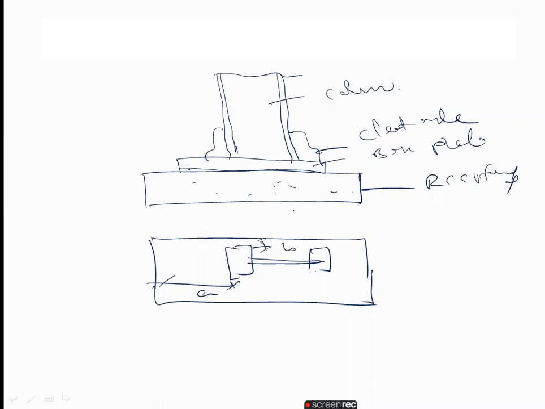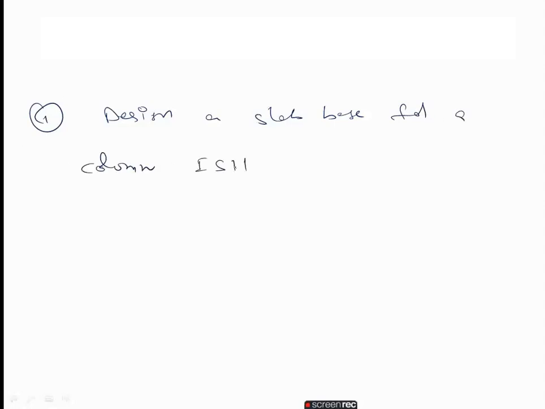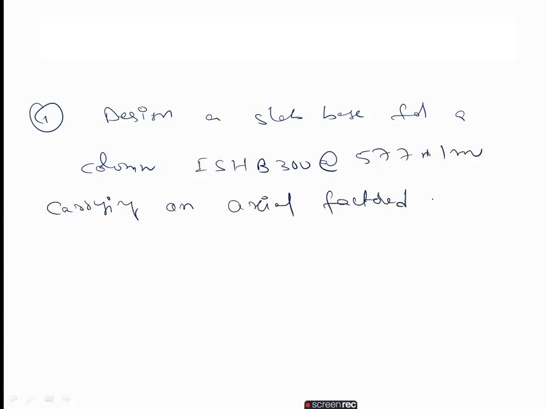Now we will solve one problem. Okay, a very easy problem. I will write: design a slab base for a column ISHB 300 at the rate of 577 Newton per meter, carrying an axial factored load of 1000 kilonewtons.